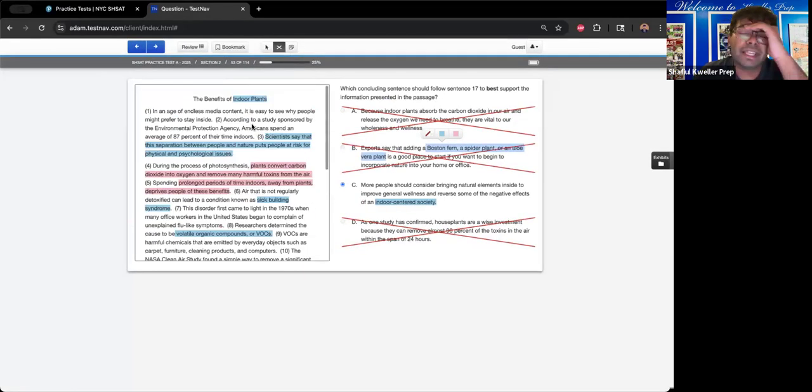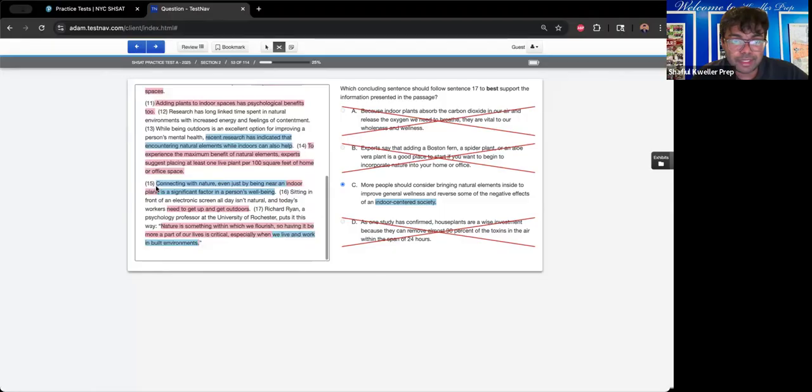So the idea with passages is usually they start off general and then they talk about the specific issue. The author introduces ideas with a general idea, the whole passage is specific, and then you end off with a general idea.